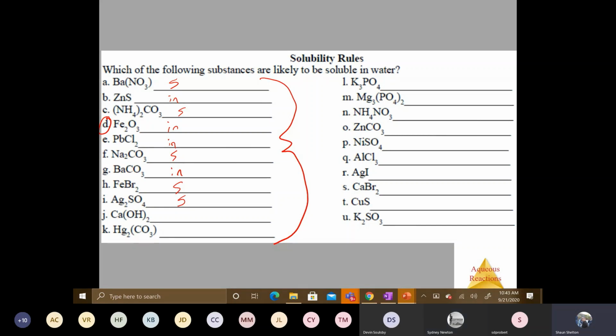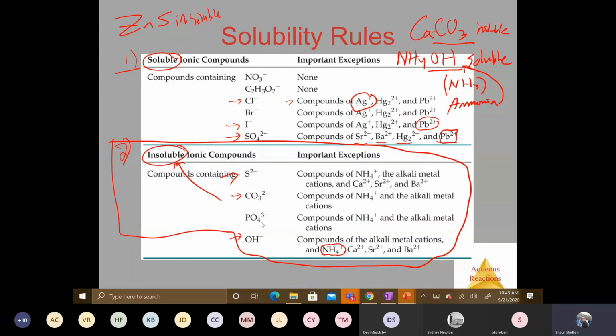All right, now letter J is tricky. Letter J, I'm just going to tell you, is soluble, but it also is insoluble. It's a weirdo. So if I go back and look at hydroxide, at the bottom here, hydroxide is insoluble except with calcium ions.